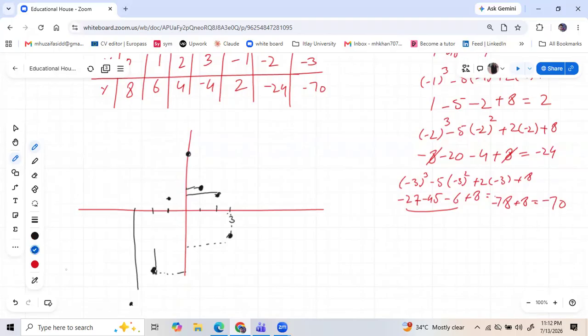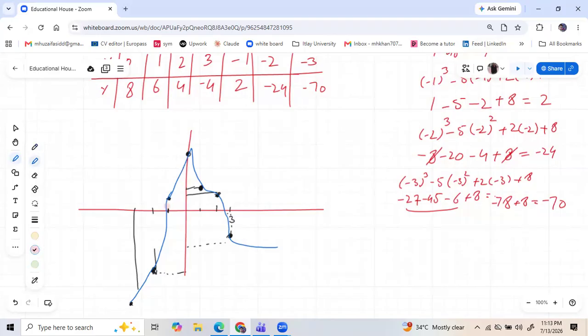When we meet this point from this one to this one, and from this one to this one, our graph is something like this.